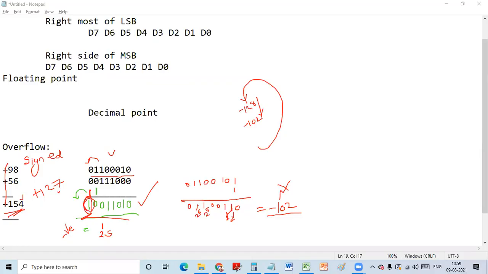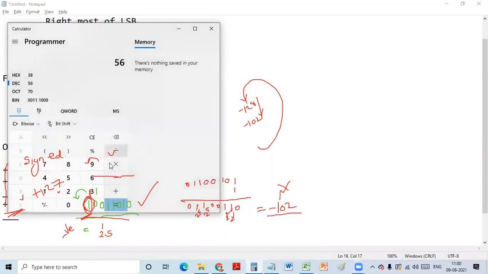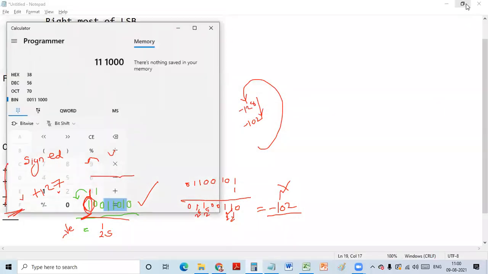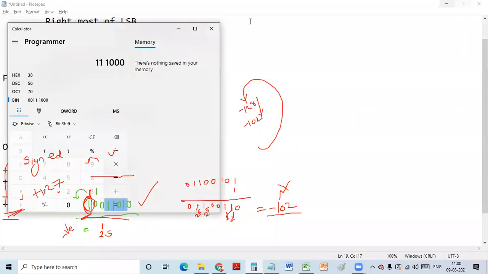Now apply powers of 2 here. Okay. With the help of a calculator, you get the result 10011010.